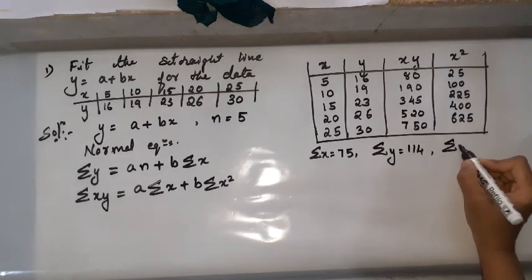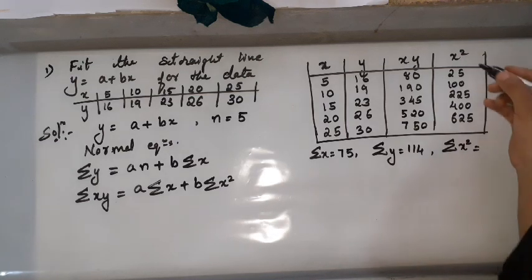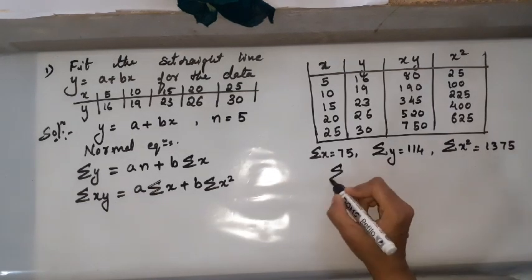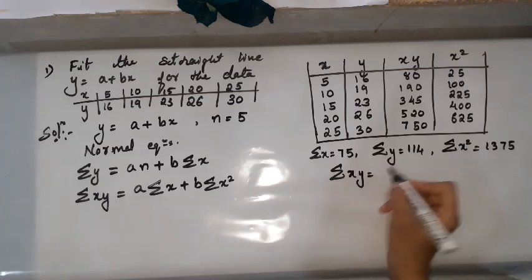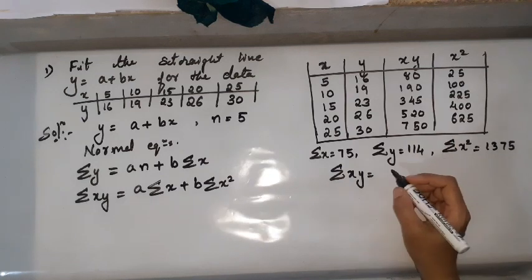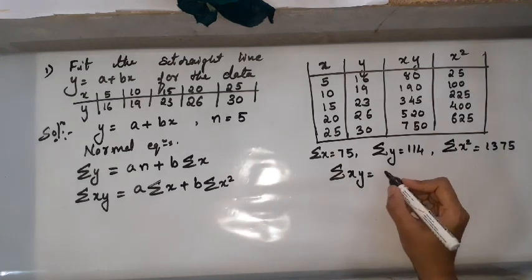Similarly, summation x square, you need to add all the values of the column of x square. Summation x square is 1375. Finally, summation of x into y. Add all the values present in the column of xy. So you get summation of xy to be 1885.